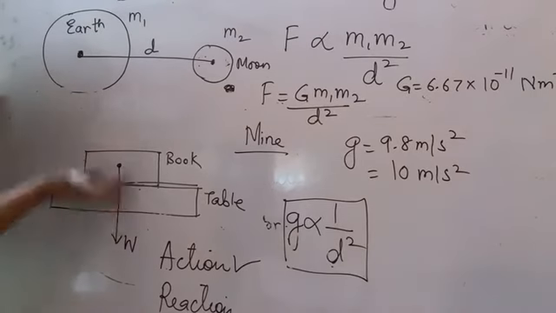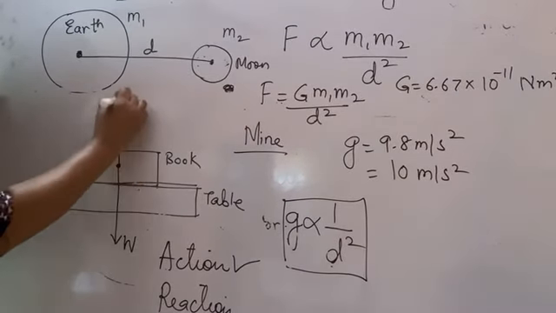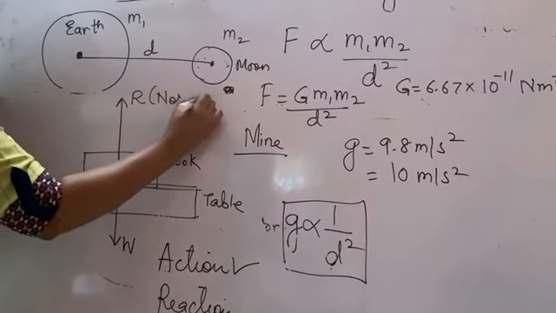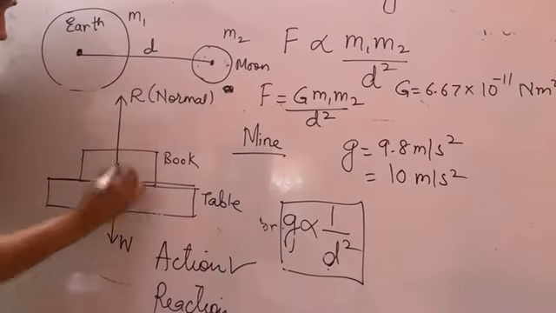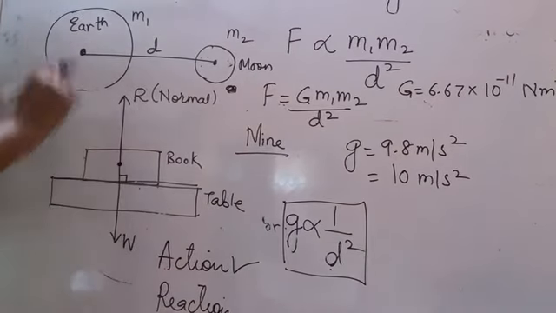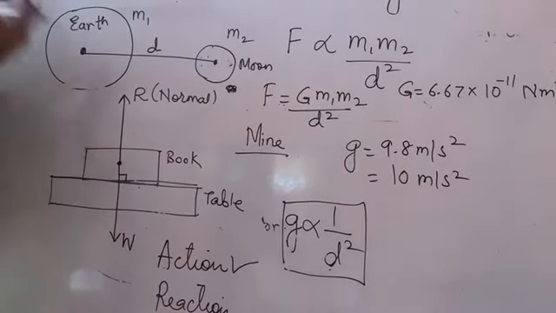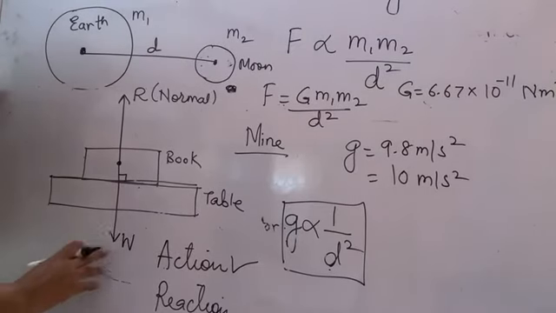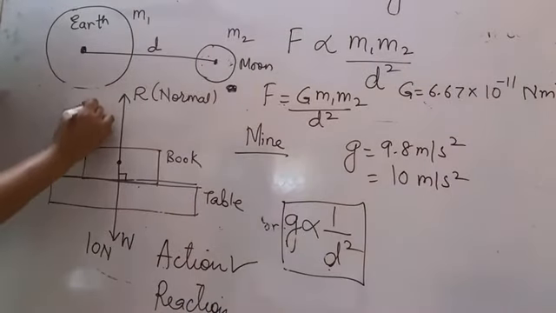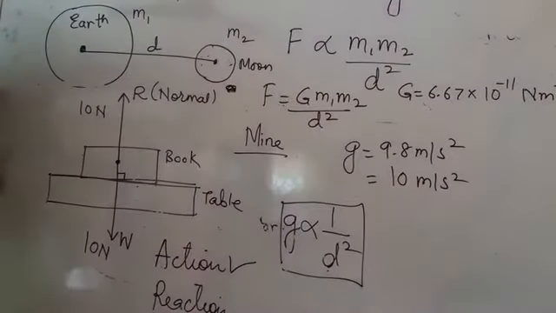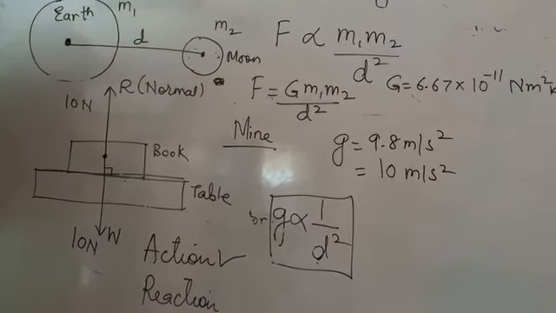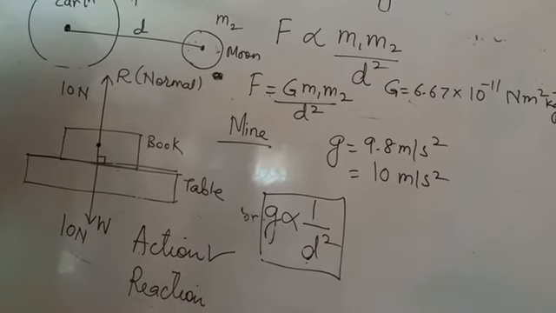It applies a force on the book, always vertically upward, which you call the reaction force, which is always normal, at 90 degrees. So the weight of the body is the action, and the force applied by the table in the opposite direction is the reaction. Children, if the weight is 10 Newton downward, then the reaction has to be 10 Newton upward. That's why we say equal and opposite forces are acting on it. This has to do with the third law, which is very easy and children find it interesting also.